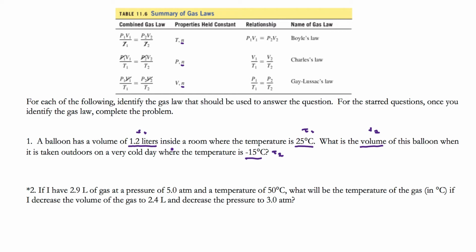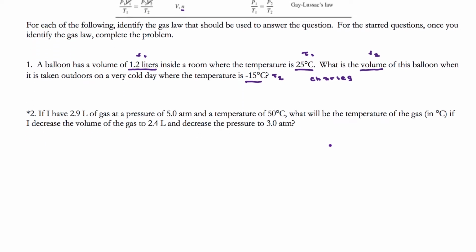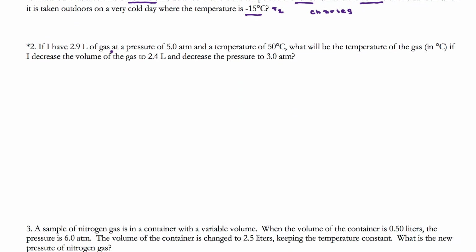Notice the only 2 variables I'm changing are volume and temperature. And so the gas law that you would use to solve this problem is Charles's law, which is simply V1 over T1 equals V2 over T2. I'm not asking you to solve this one, so you can just identify what it is.